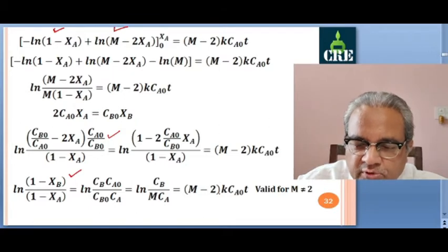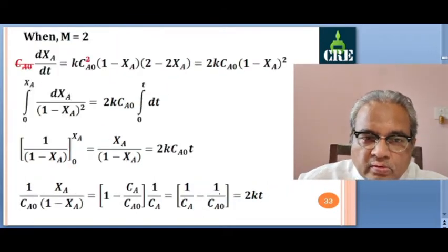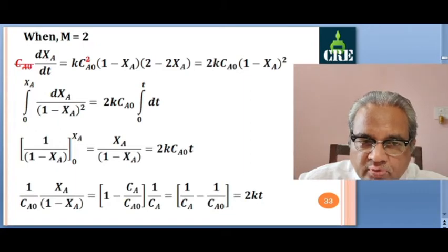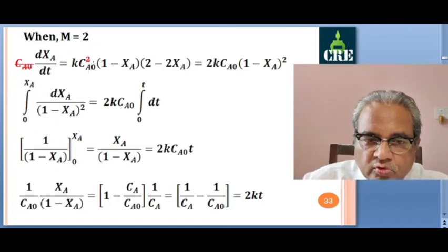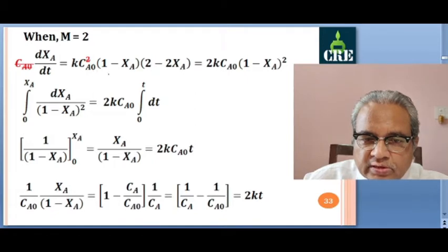We can solve for m equal to 2 by writing m equal to 2 and starting from the first step, that is Ca0 into dxa by dt equal to k Ca0 square. This Ca0 cancels out with the square term, so we are left with k Ca0 (1 minus xa), and instead of m minus 2xa, with m equal to 2 we have 2 minus 2xa.